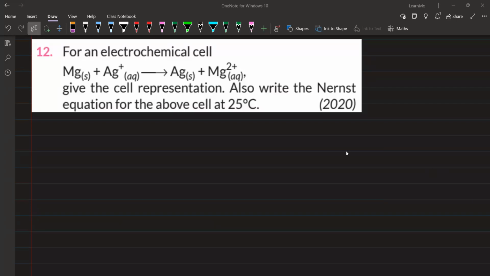Those who have joined late, you can see a question in the screen. You guys have to do the question. By the way, I will give you 3 more minutes. I think 3 minutes will be enough for those who have already joined and those who have joined just now. Just need to write the cell representation and you just need to write the Nernst equation.